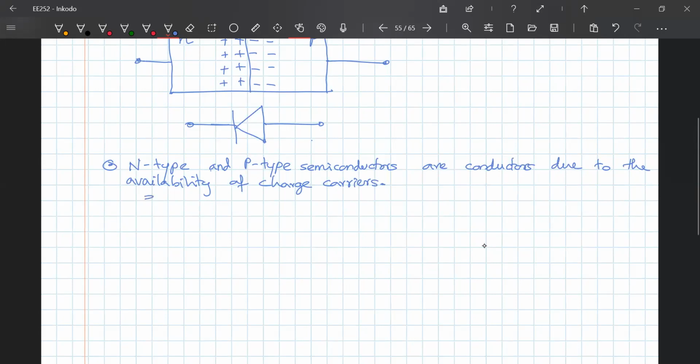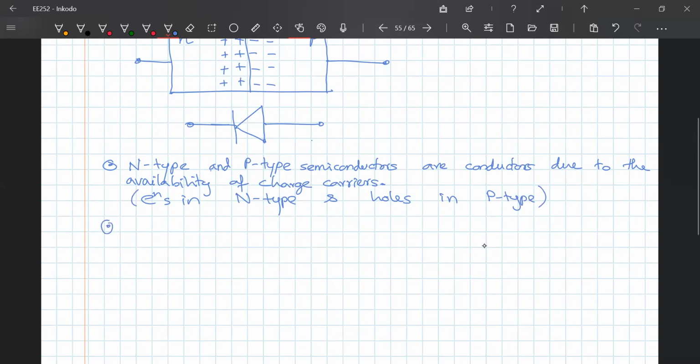They are basically electrons in N-type and holes in P-type. Okay, so they are conductors.